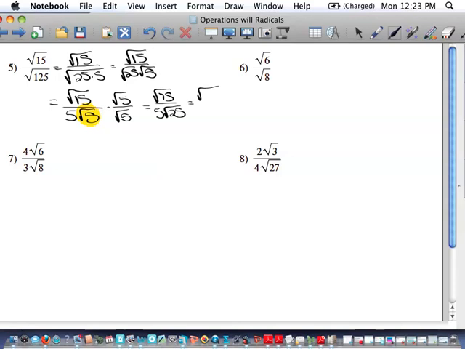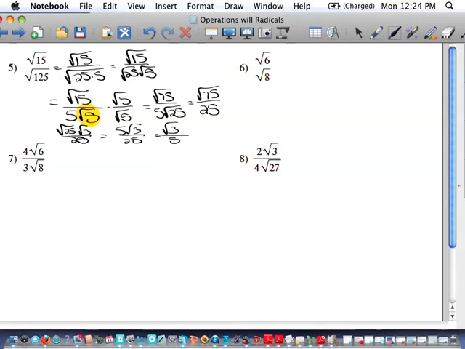So I will have the square root of 75 over 25. Now the square root of 75 can be broken down into 25 and 3. So I have the square root of 25 times the square root of 3 all over 25. So I get 5 root 3 over 25, which is root 3 over 5.